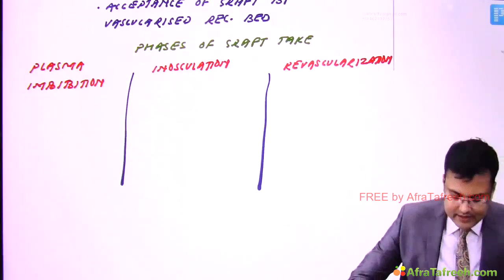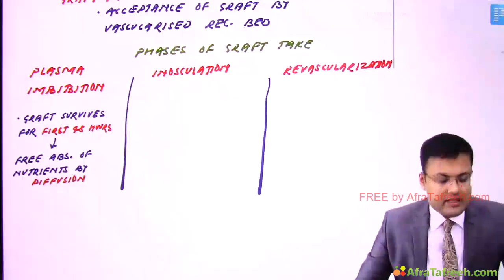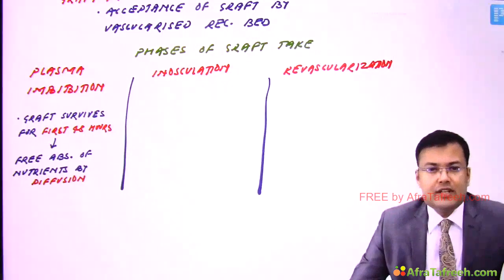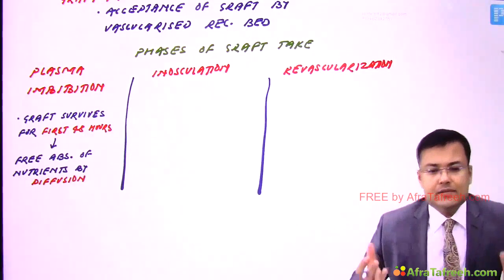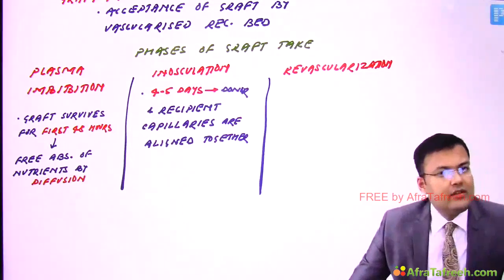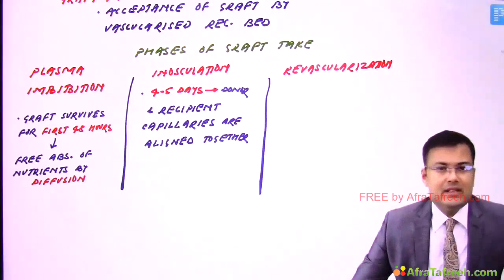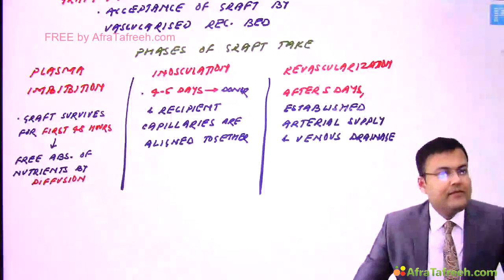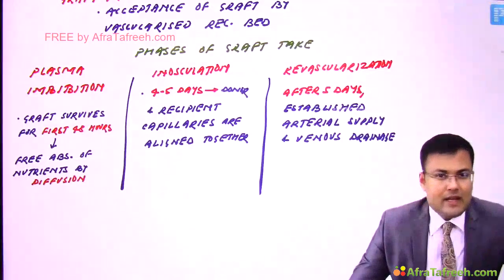These are the three phases. So in plasma imbibition, we discussed that grafts survive for the first 48 hours by diffusion, and there is free absorption of nutrients by diffusion. And in inosculation, donor and recipient capillaries are aligned together, and after 5 days there is established arterial supply and venous drainage.